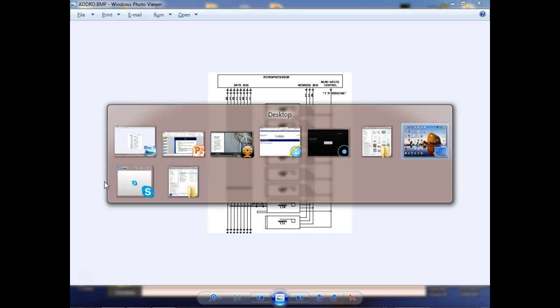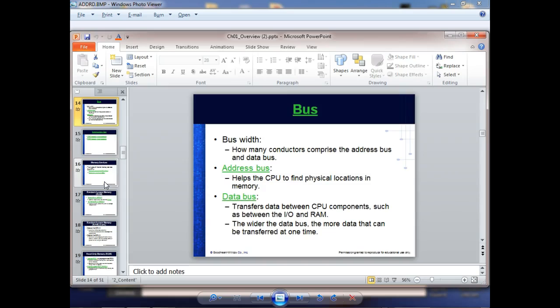What does the address bus do? Good, it selects. We say it selects the device for communication. The control bus controls the communication between the selected device and the processor, and then the data bus is where the data transfer actually takes place. So they left off the control bus.